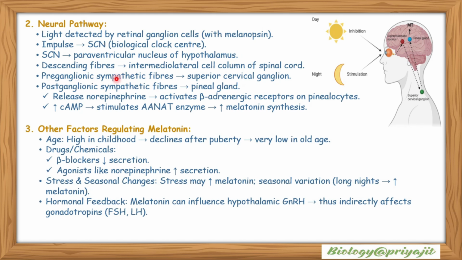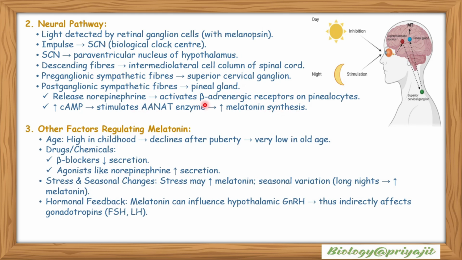The preganglionic sympathetic fibers influence the superior cervical ganglia, and postganglionic sympathetic fibers influence the pineal gland. These responses release norepinephrine and activate beta adrenergic receptors on the pinealocytes. When cyclic AMP is increased, it stimulates the AANAT enzyme, which ultimately increases the synthesis of the melatonin hormone.